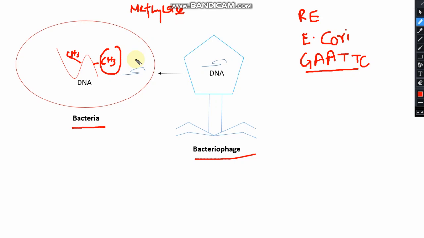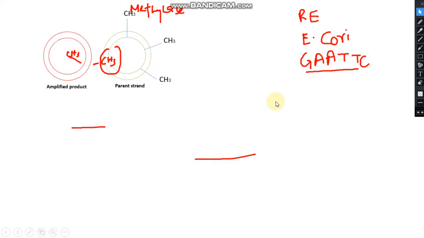Now I'll go to the next part, how Dpn1 recognizes this kind of sequence. For that I have to go to the next slide. Let me erase this first.